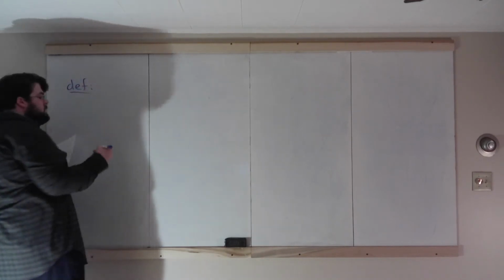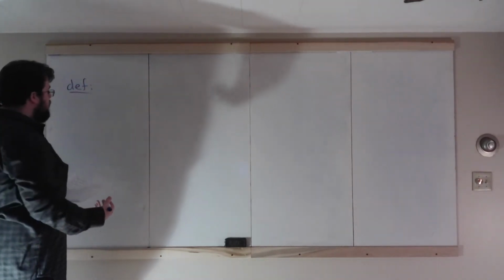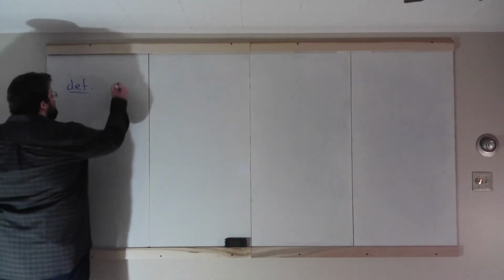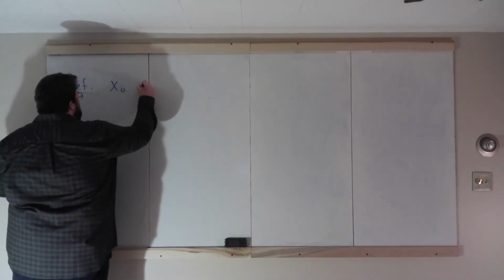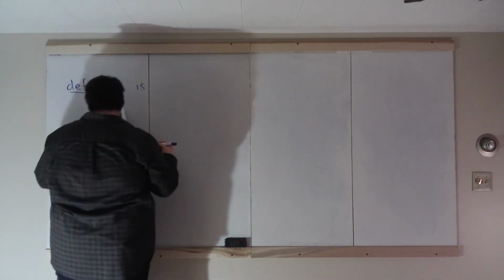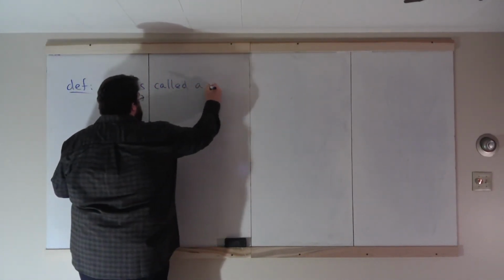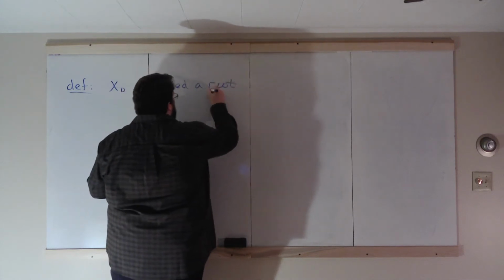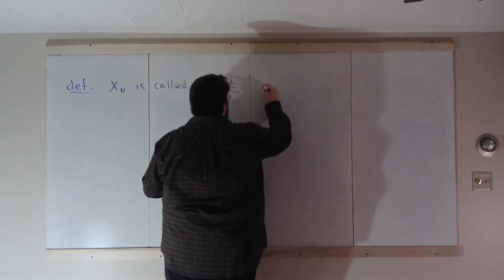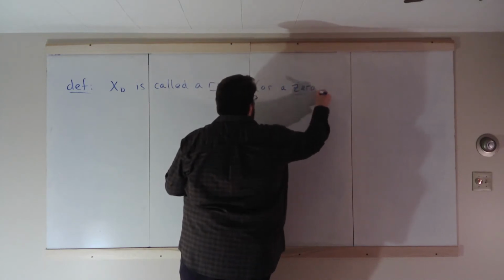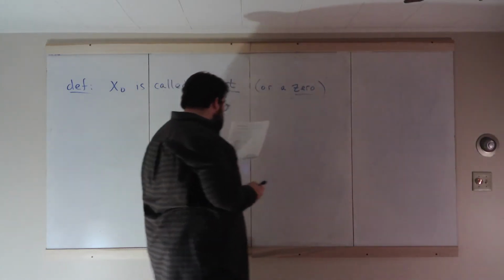We're using this definition in this quadratic section, but it applies in general to general functions. So x sub 0 is called a root or a 0. I like root more than 0.